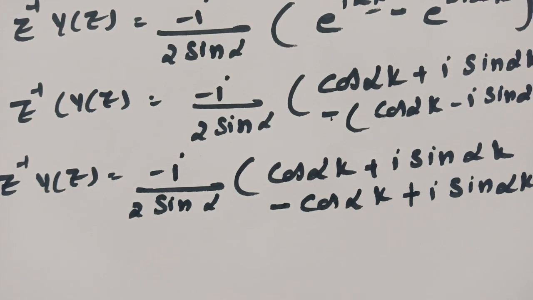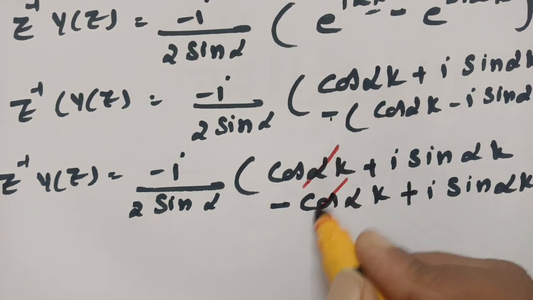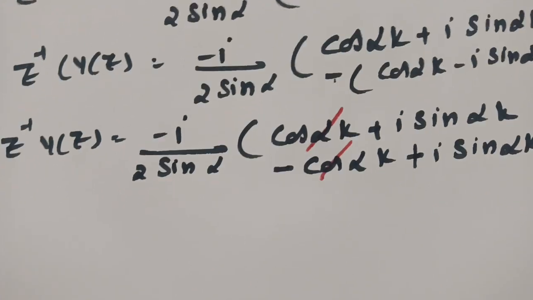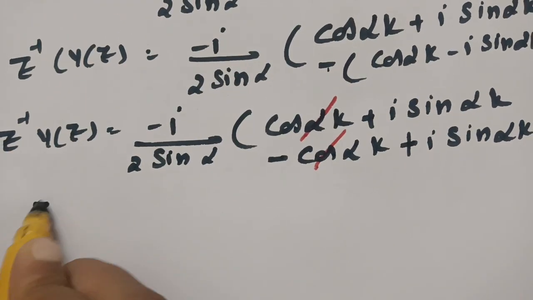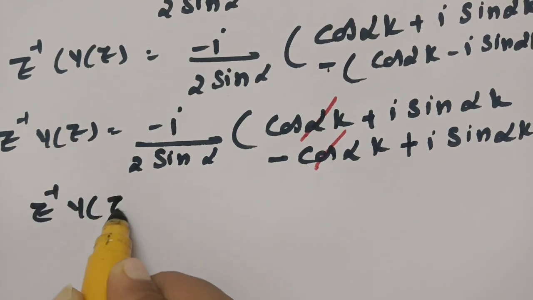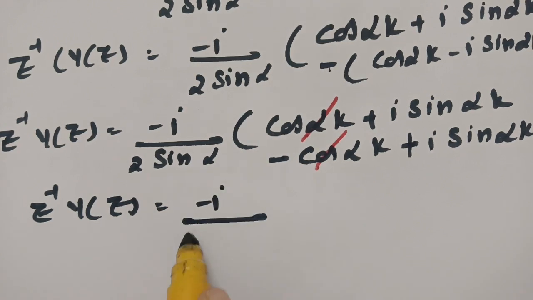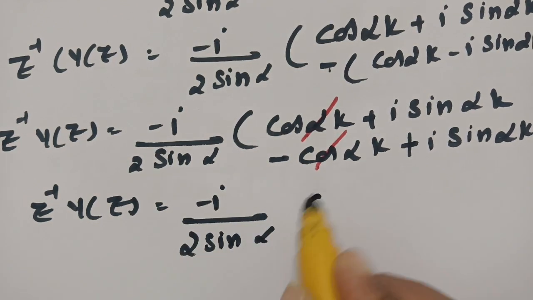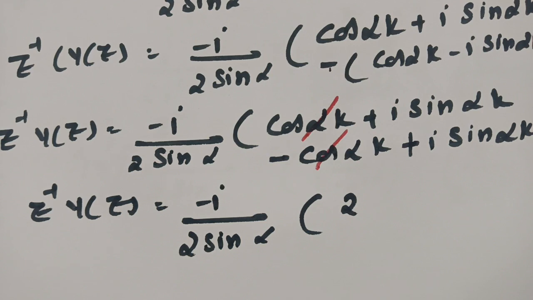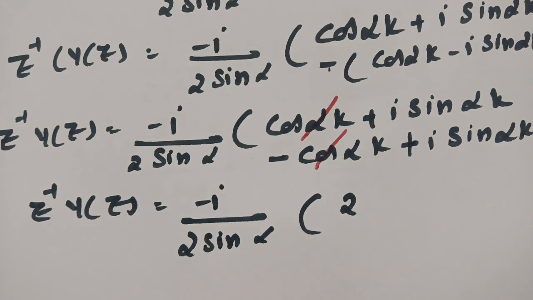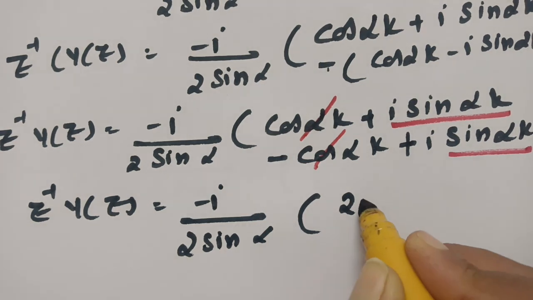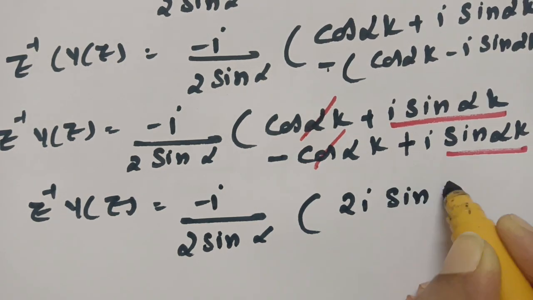Now I can cancel this one, plus and minus, and what remains here? So z inverse of y of z is equal to minus i by 2 sine alpha, and if you observe properly, this is for one time and this is for one time, so both for two times, that is 2i sine alpha k.